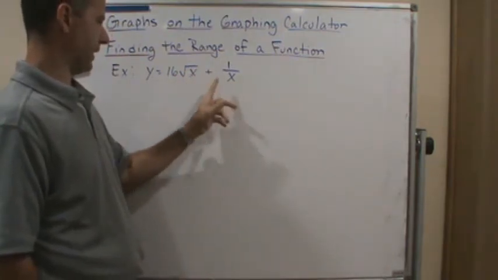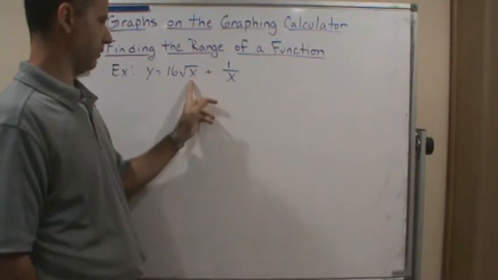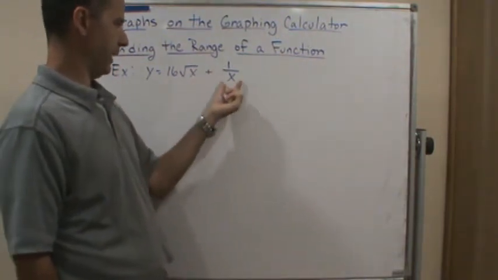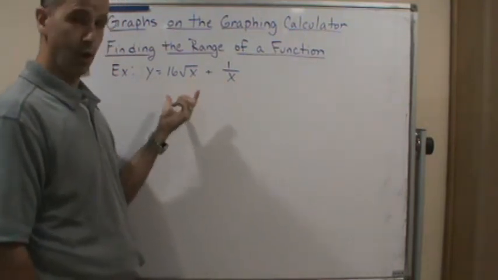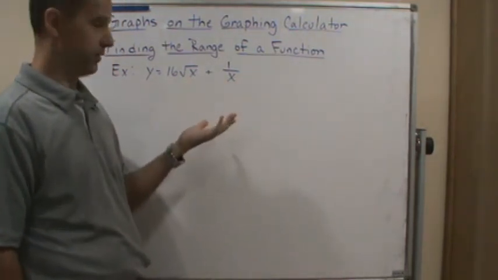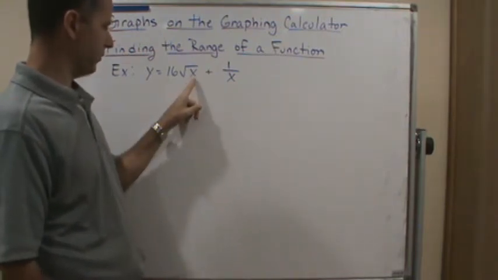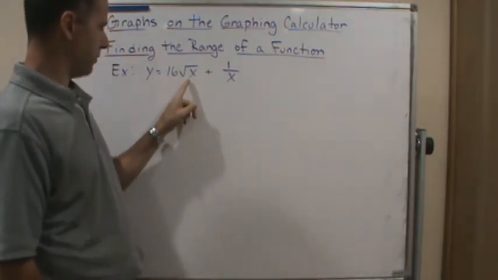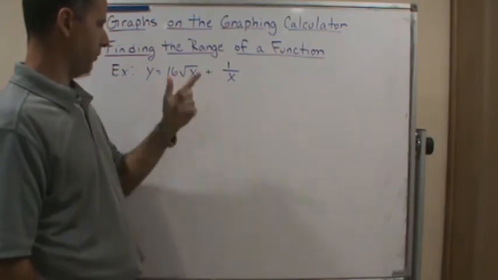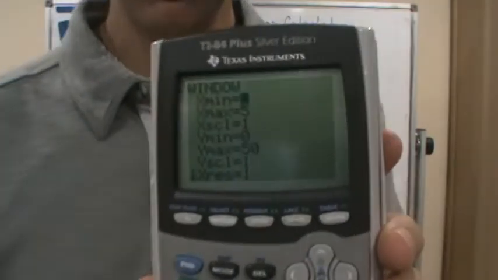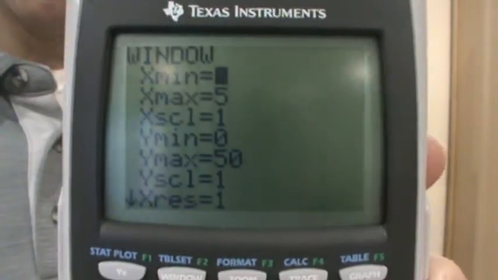X can't be 0 or negative, because you can't have negative values under the square root, and you can't have 0 in the denominator here. So I know it has to be positive values of x. So I chose an easy value. I said, okay, when x is 4, this becomes 32 plus a fourth. So that's how I chose my values. Then I just chose these values, okay?